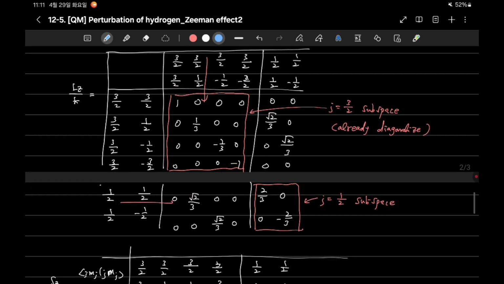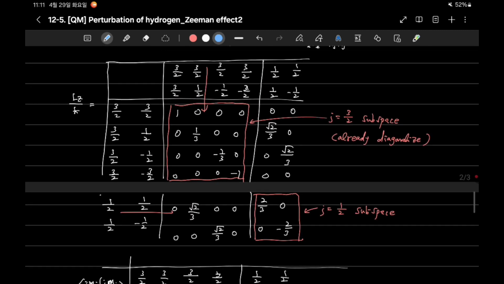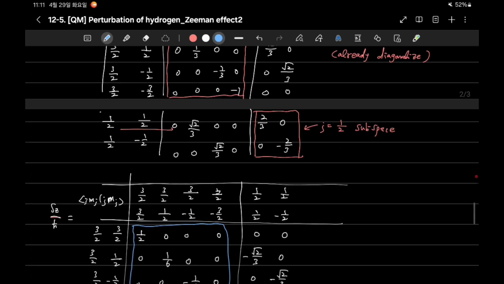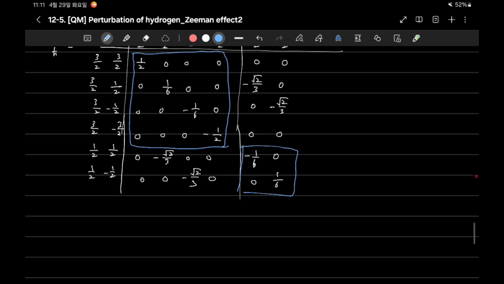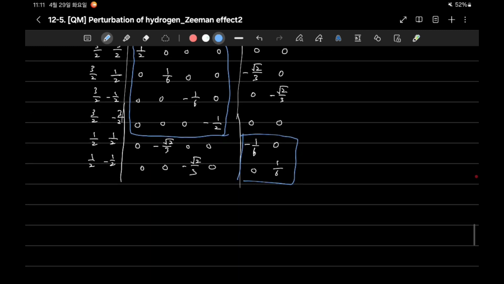We already calculated the LG matrix. It is a matrix, and the SG matrix, and we should keep in mind the Zeeman Hamiltonian. The Zeeman perturbed Hamiltonian is mu B over h bar times (GL LG plus GE SG).